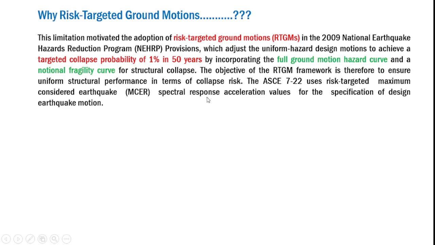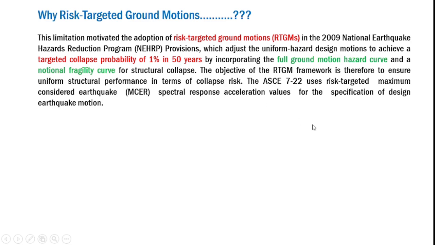So now it is very clear that RTGM is a philosophy of uniform risk, which takes care of both the ground motion hazard curve and also the structural collapse. And these ground motions are targeted based on a collapse risk of 1% in 50 years.